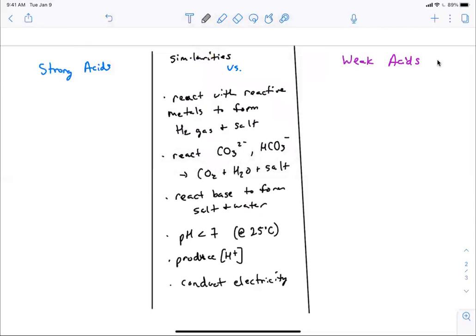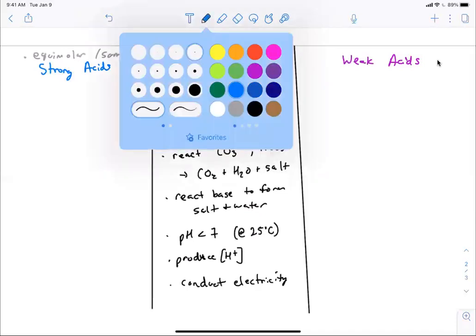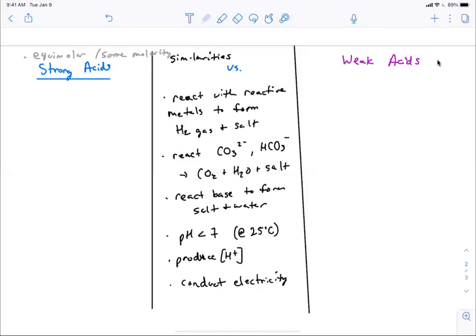And let me make a note up here. Let's assume they're equimolar, or the same molarity. That makes things a little bit easier for us to compare and contrast. So let's assume that we have the same molarity of strong acid and the same molarity of weak acid here. That'll make the list a little bit easier to write.